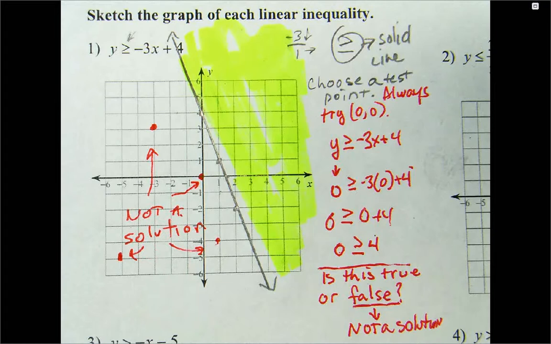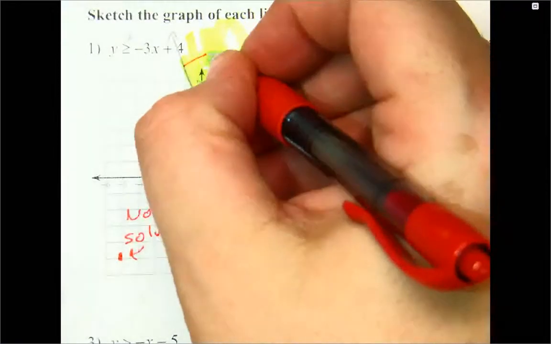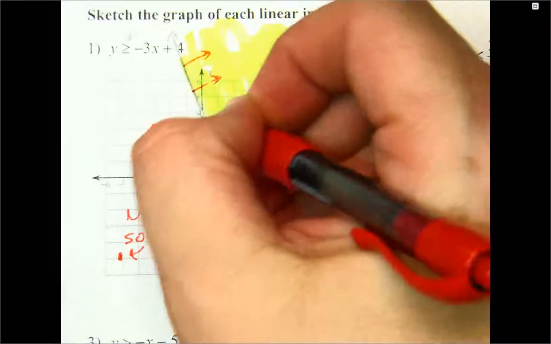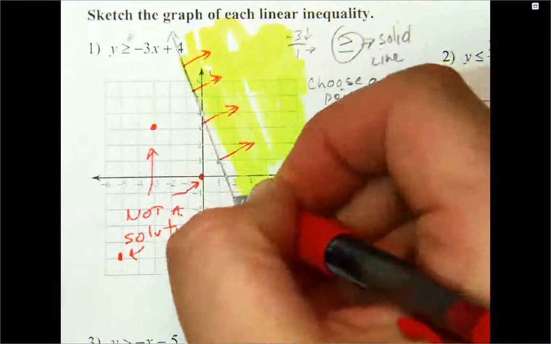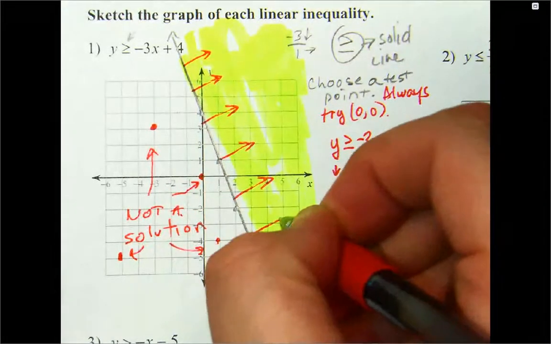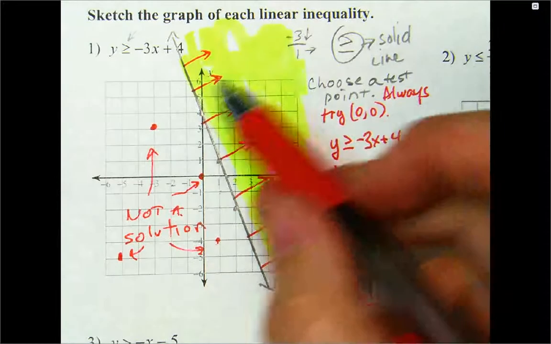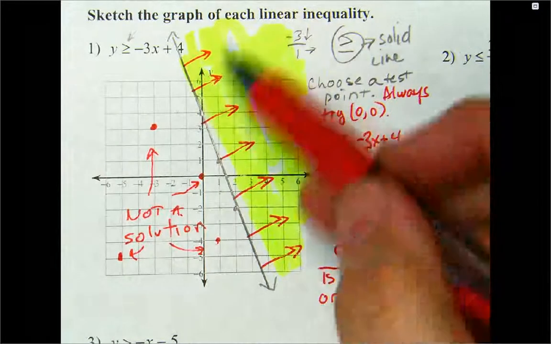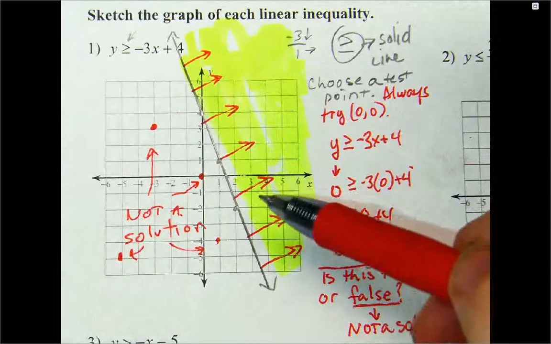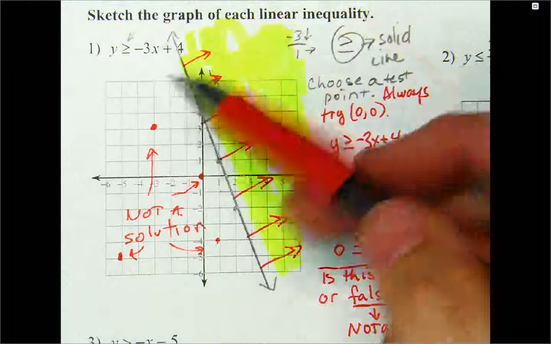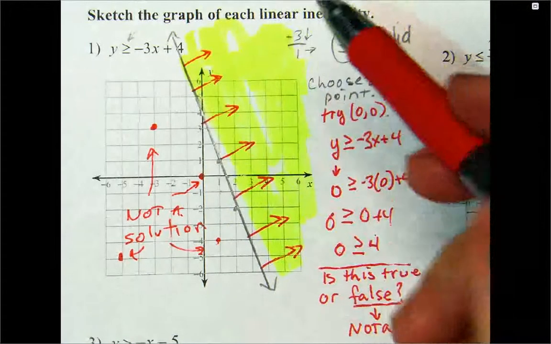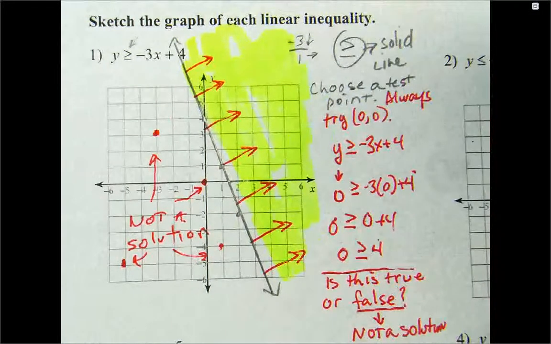What I would recommend is doing something like this. Just using arrows pointing in the direction where all your solutions are going to be. Because if you start using your pencil, and you're going to see when we start talking about systems, if you start just shading with the pencil, you're going to find out that it's going to be a little bit more difficult to get your final answer with.